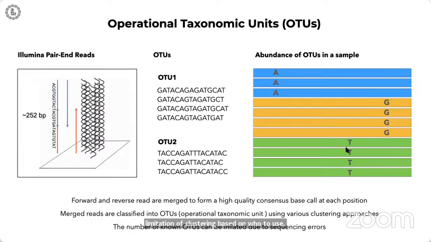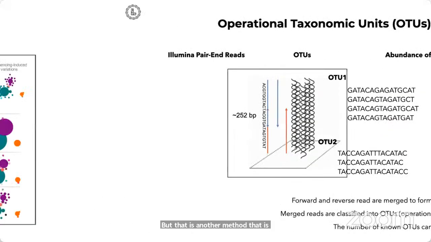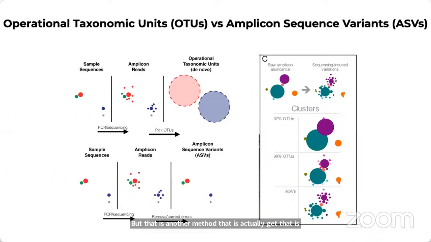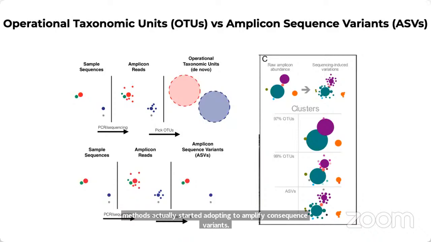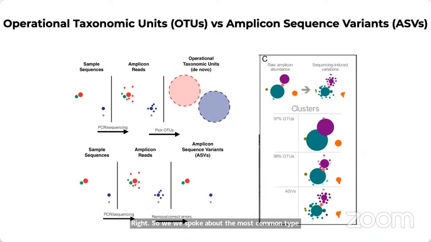But there is another method that is now fully developed, and many microbial community quantification methods have started adopting amplicon sequence variants, right? We spoke about the most common type of clustering method for identifying these microbial communities, the operational taxonomic unit, which generally uses a fixed sequence identity cutoff, usually 97% for sequences from the same species.